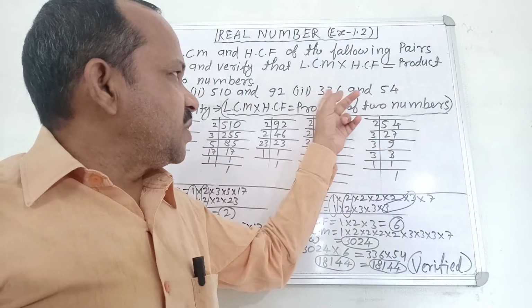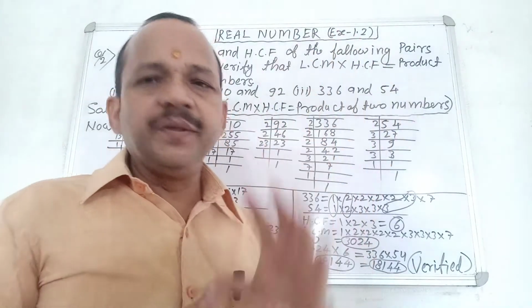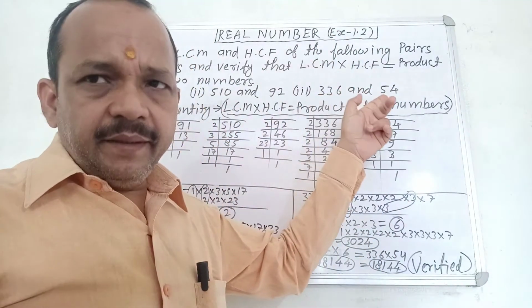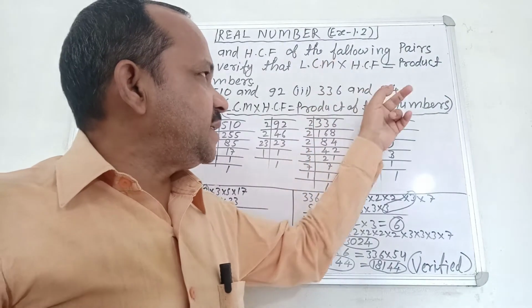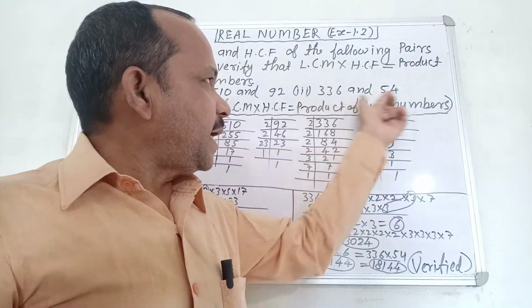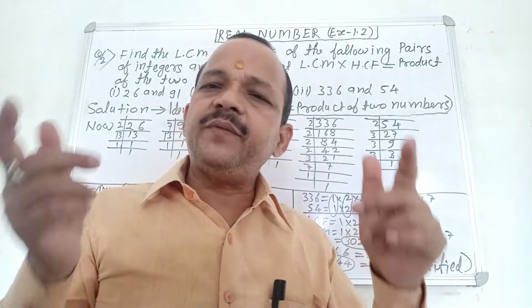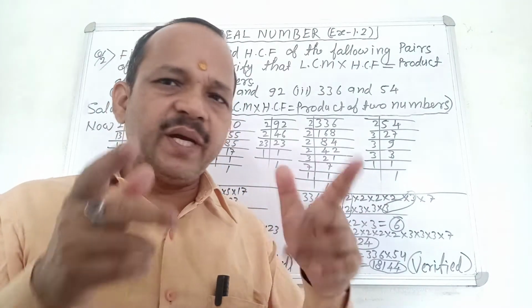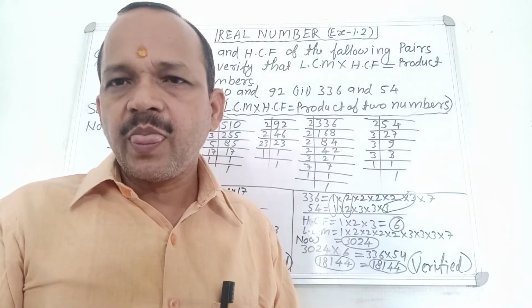Third question. Firstly, you factorize 336 and 54, and you find the LCM of 336 and 54 and then find the HCF of 336 and 54, and then put the values of LCM and HCF in the identity.